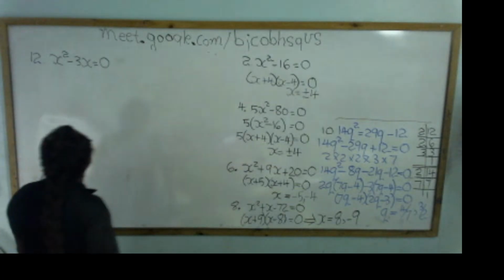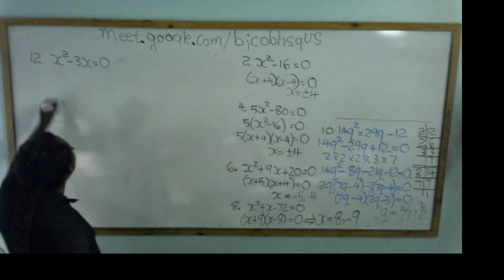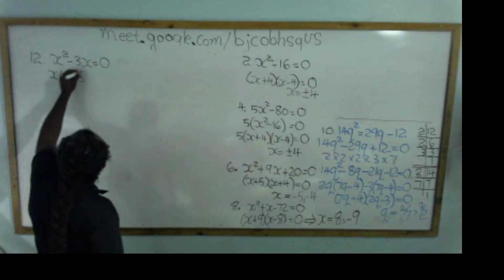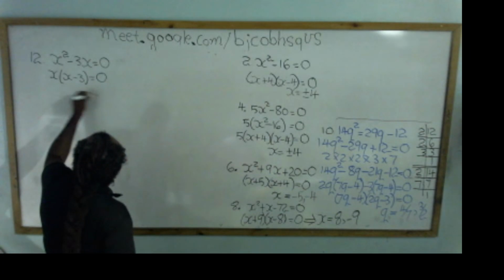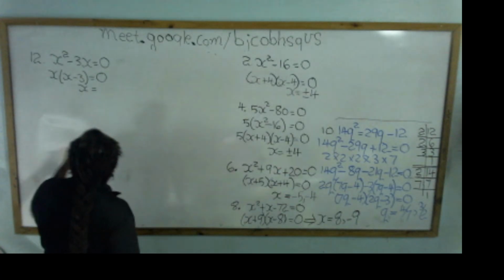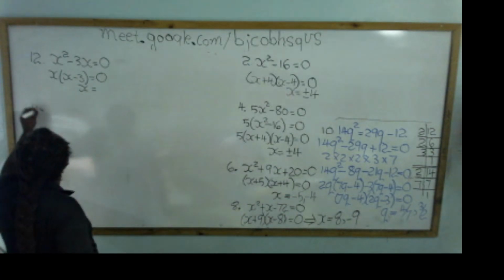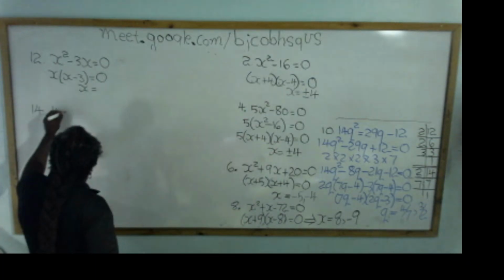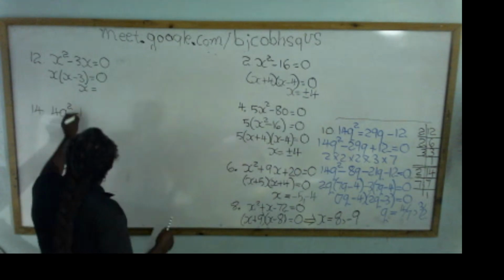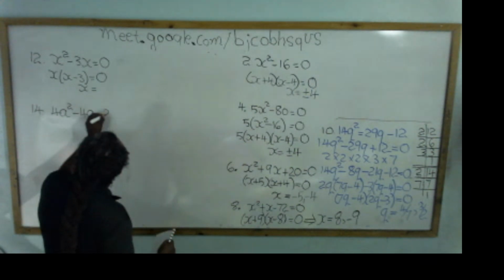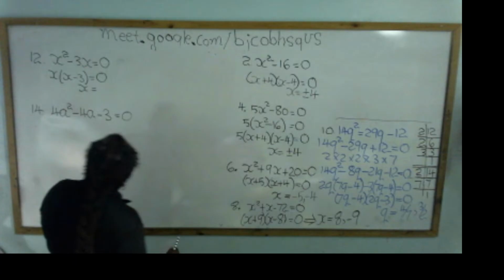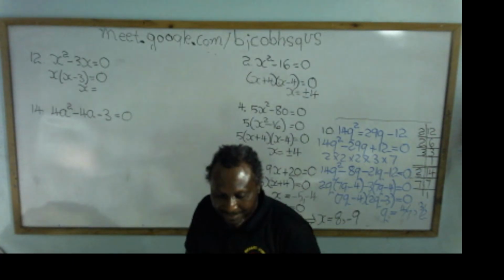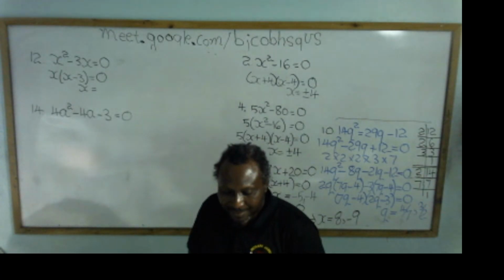And what do we know that we are doing? Taking a common factor of x. So it's x minus 3 is equal to 0. So what is x equal to? Tell me what x is equal to while I write number 14. Nothing?